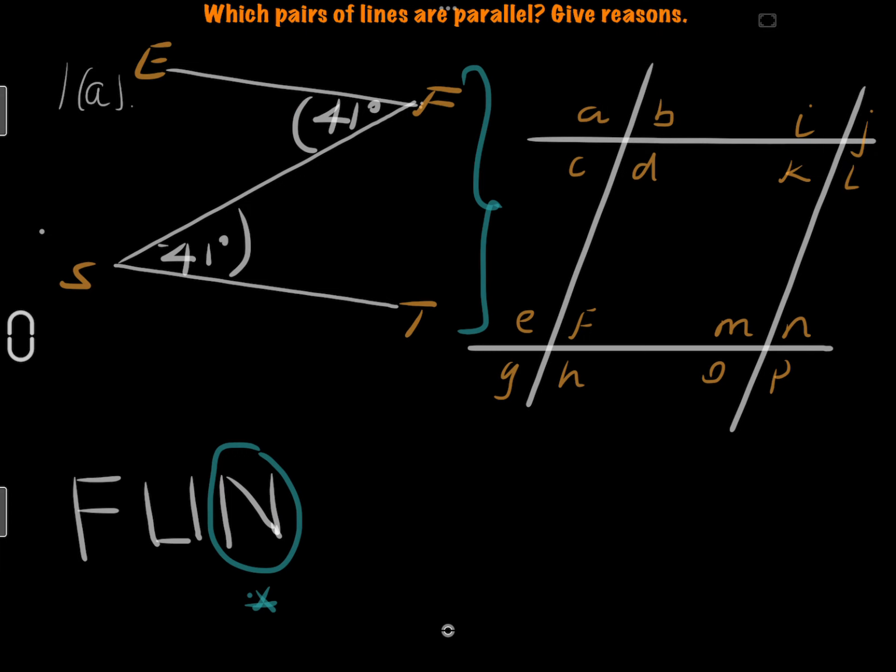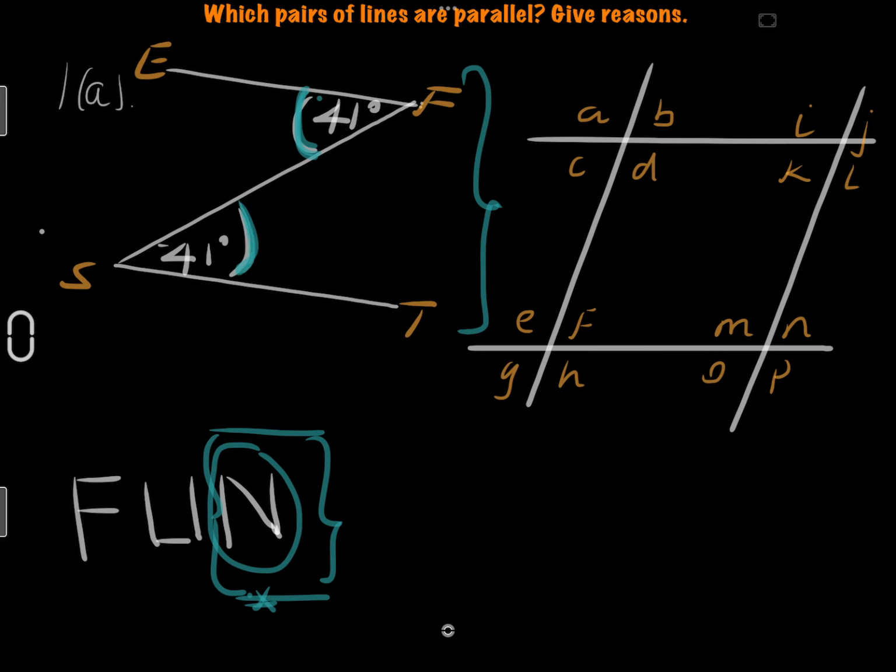For us to be able to identify this logic, starting on this N, we need to identify that this figure here, lines EF and ST, resembles an N or Z. Before we conclude whether lines EF and ST are parallel to one another, we need to identify that we are talking about alternate angles.